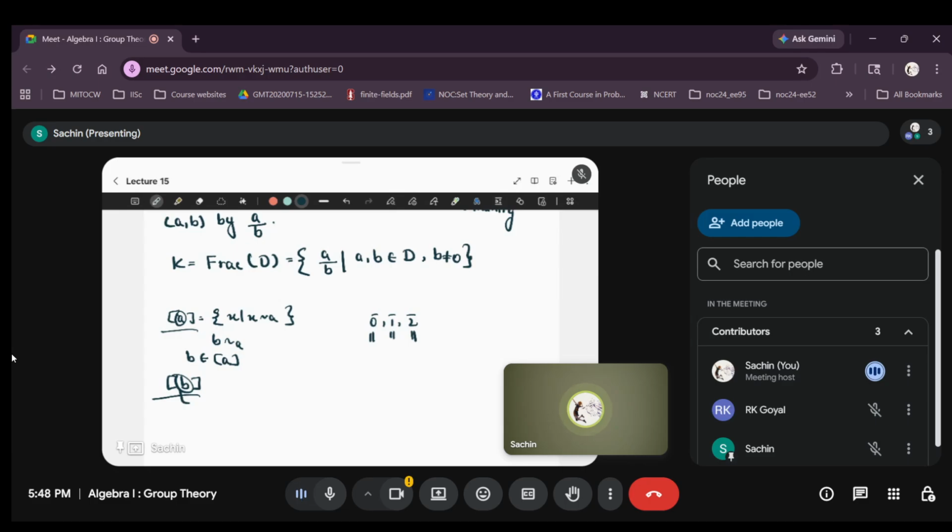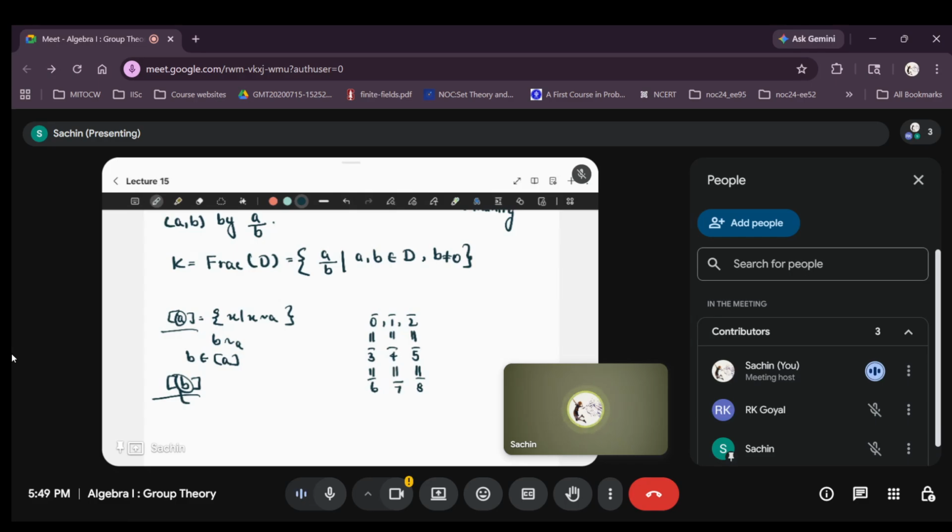This was also equal to 3 bar, and also equal to 6 bar. So for the representative, you could pick any of the elements in that particular equivalence class. Here, this is equal to 4 bar, 7 bar. This was 5 bar or 8 bar. They're the same equivalence class. You are just changing the representative.